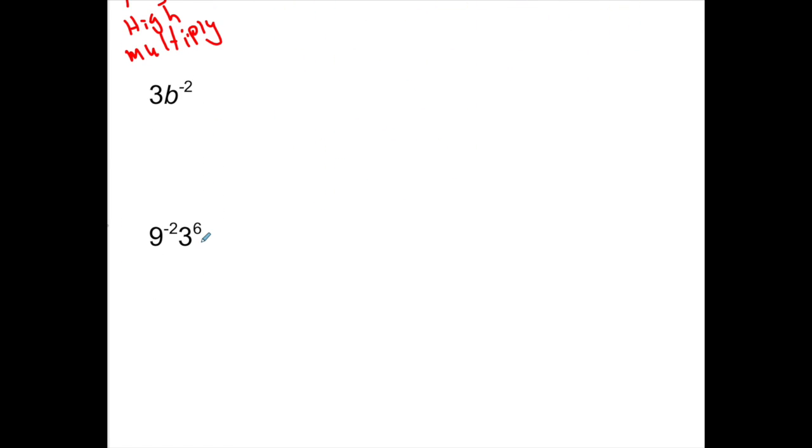Next one, 3b to the negative 2. Not a lot to this. With a negative exponent, you take it and move it to the bottom. Whenever you see a negative exponent, you do the reciprocal and then make the exponent positive.